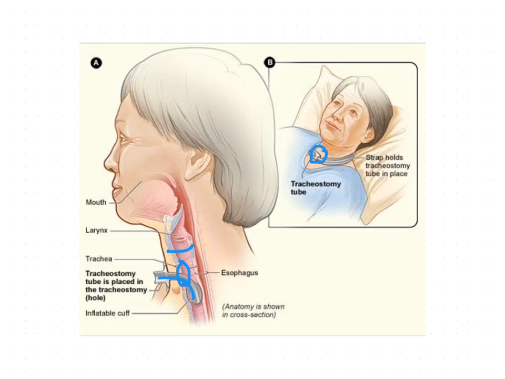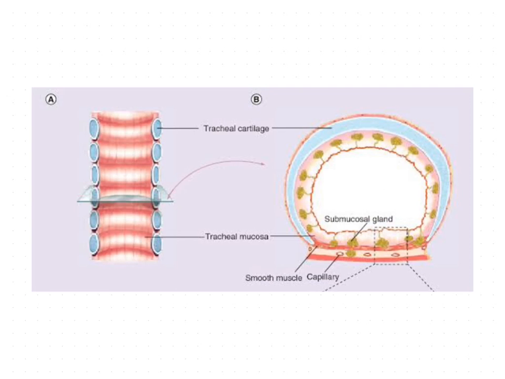Okay. Now another one. The mucus secretions which are produced inside this trachea. You can see this one is the longitudinal section of the trachea here, and we can discuss some of the points related to the histology of this trachea.